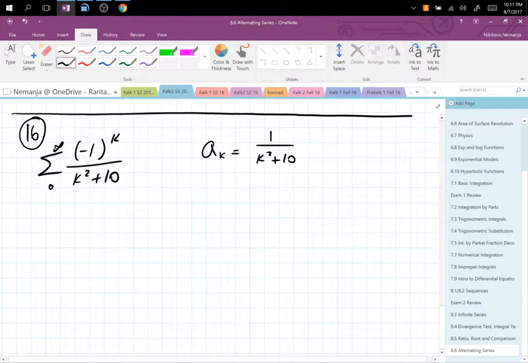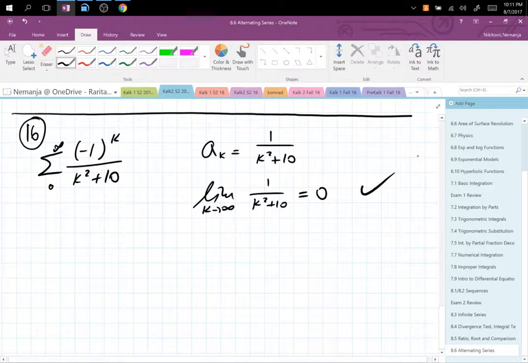All we do is remove the alternating term, which in this case is (-1)^k, and we get a_k. Now the limit as k goes to infinity of 1 over k squared plus 10 is 0. Pass. And we know it's decreasing because it's 1 over x squared. We know what 1 over x squared looks like, right? And this is plus 10, so shifted.